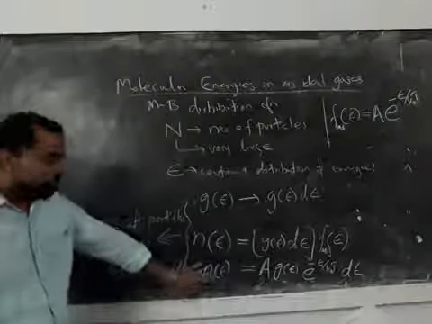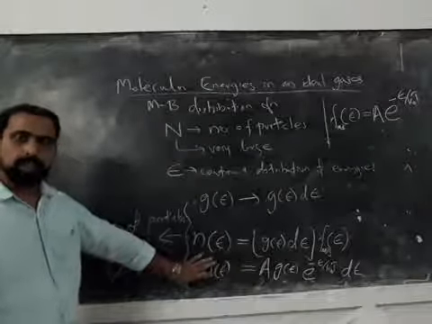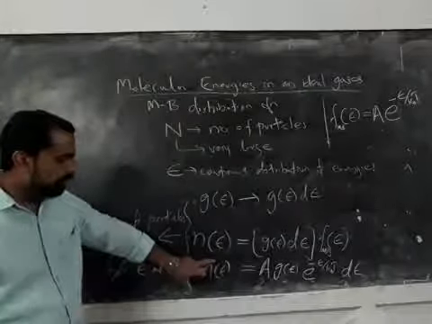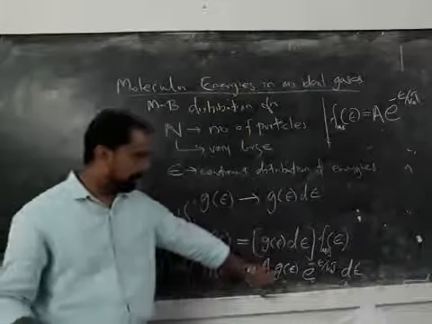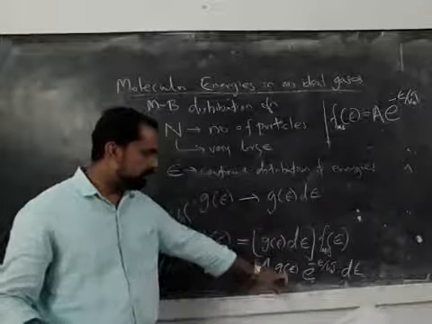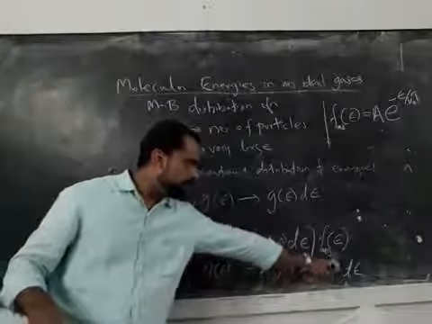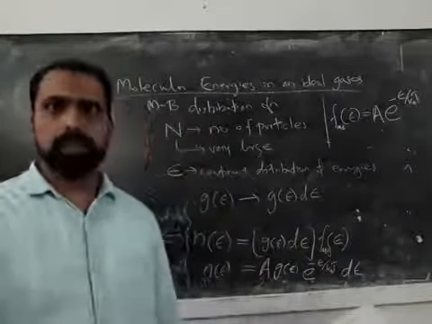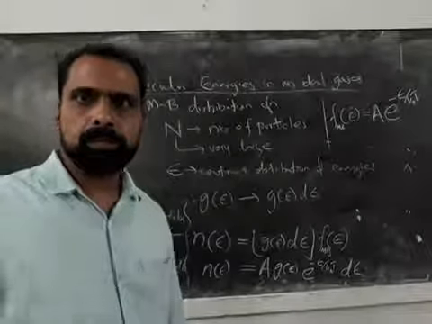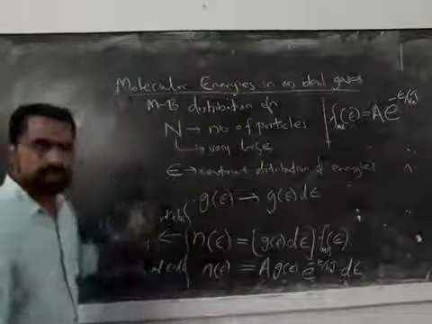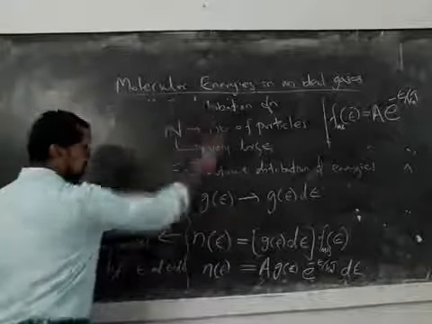So now our first aim is to find the exact expression for this, because we just wrote g epsilon e raised to minus epsilon by kBT into d epsilon. Now I am erasing all those things and I will rewrite it.